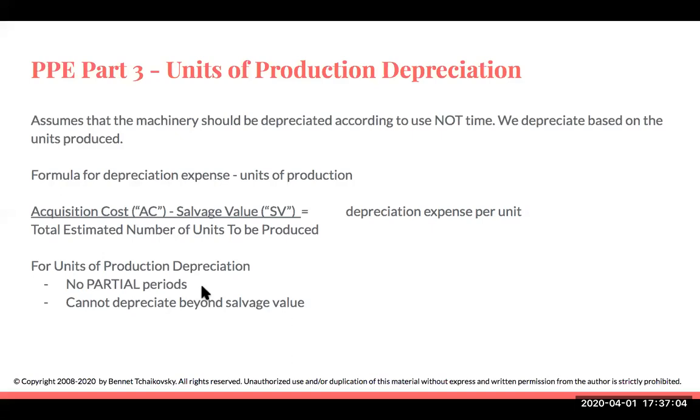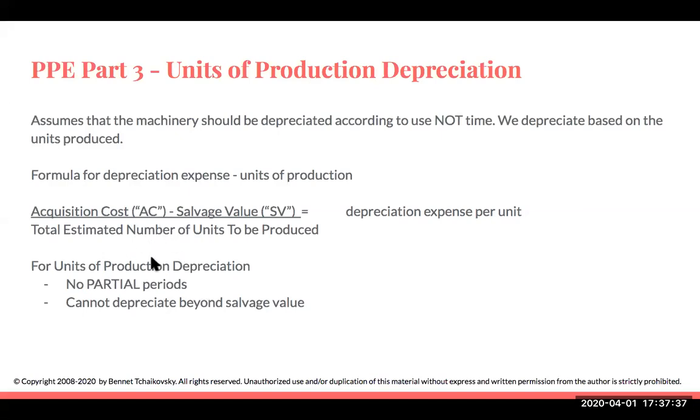If I bought a piece of equipment on June 1st and I'm trying to depreciate it through December 31st, under straight line or double declining balance, I would multiply by 7/12. Here, under units of production, we do not multiply by that. It's simply, if we make no units, we take no depreciation. If we make 1,000 units, we take depreciation on 1,000 of those units.